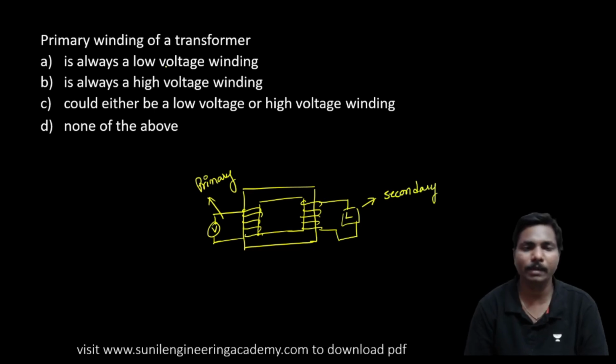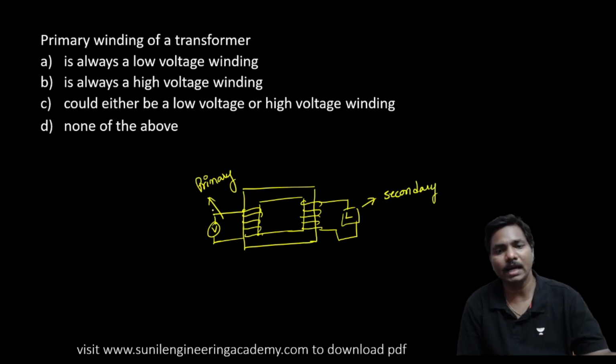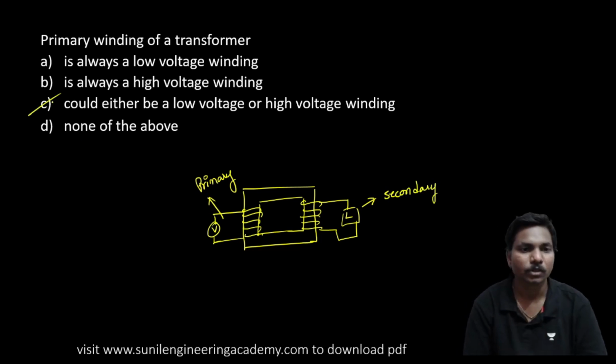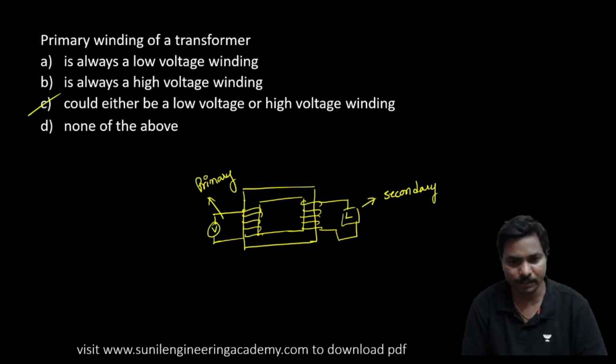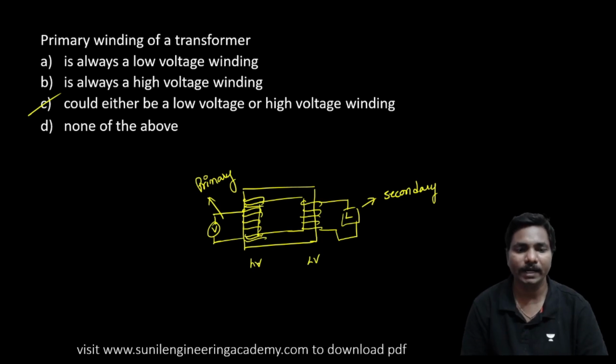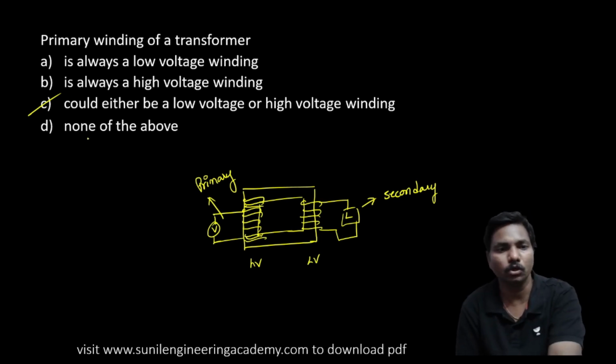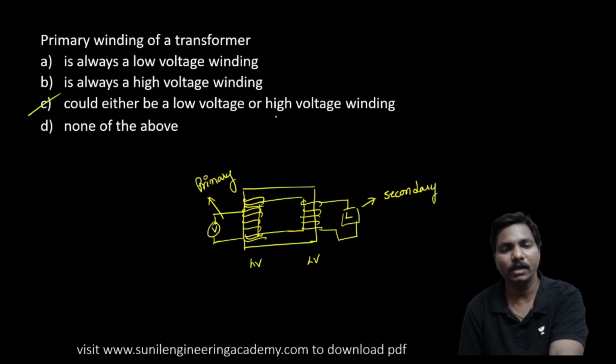So the primary may be a high voltage winding or a low voltage winding. If it has more turns, it becomes the high voltage winding; if it has fewer turns, it is the low voltage winding. So we have only two windings, HV and LV. The winding connected to the supply is primary, and the one connected to the load is secondary. So primary may be either LV or HV.